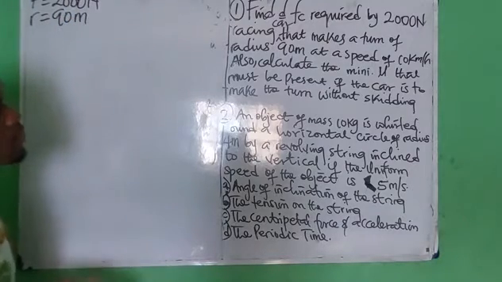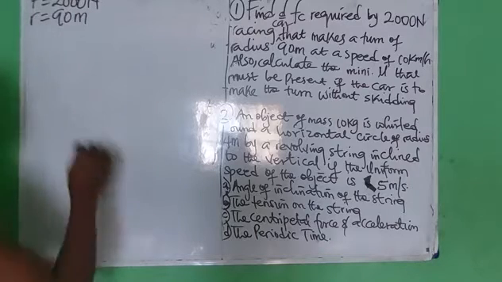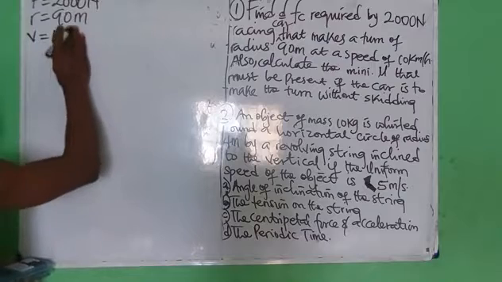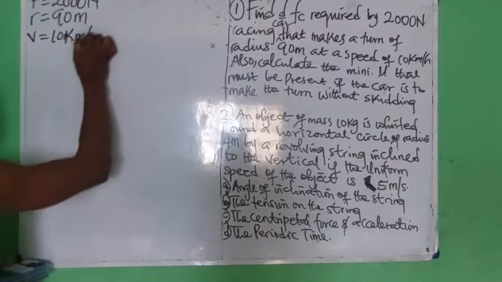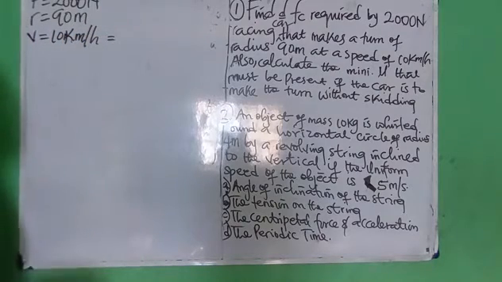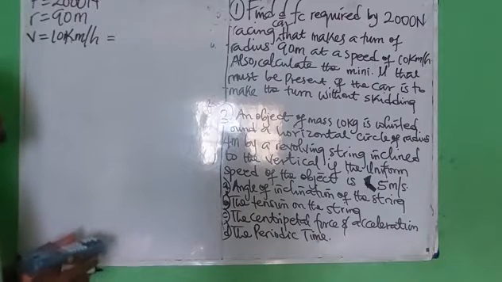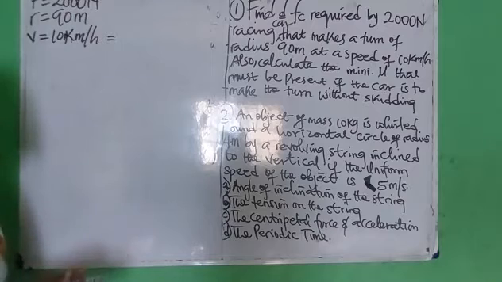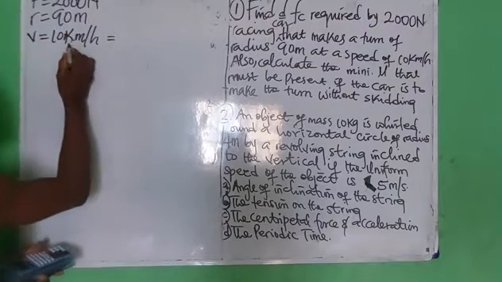At a speed of 10 kilometer per hour, which means velocity is 10 kilometer per hour. But we cannot solve with that. We have to convert from kilometer per hour to meter per second. In doing that, kilo is 1000, right?